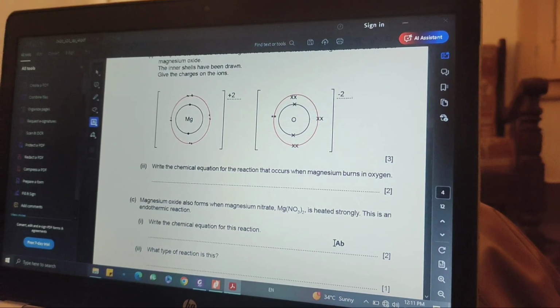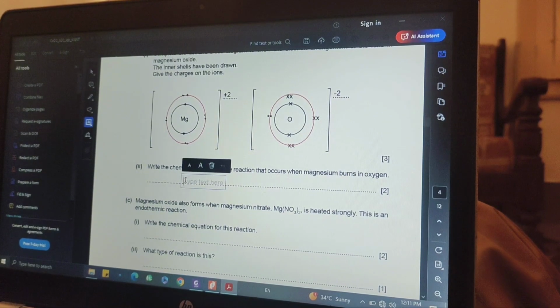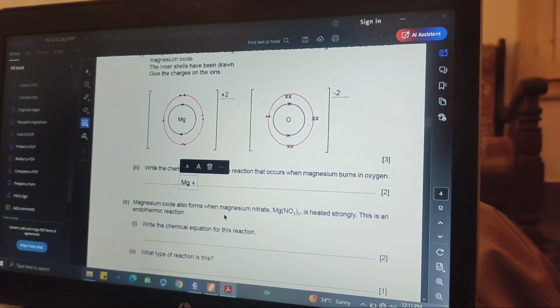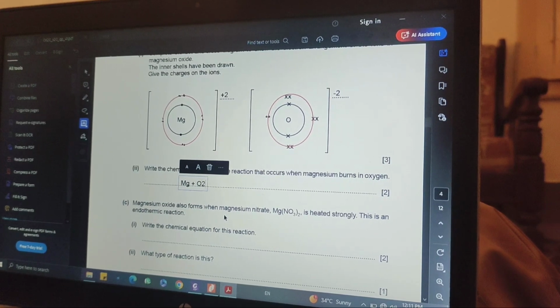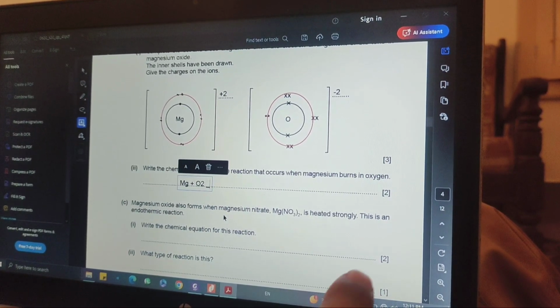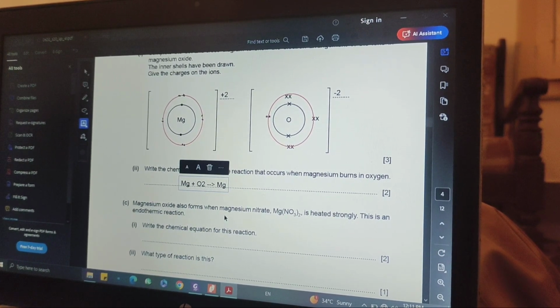Write the chemical equation for the reaction that occurs when magnesium burns with oxygen. So here Mg plus O2 changes to form MgO.